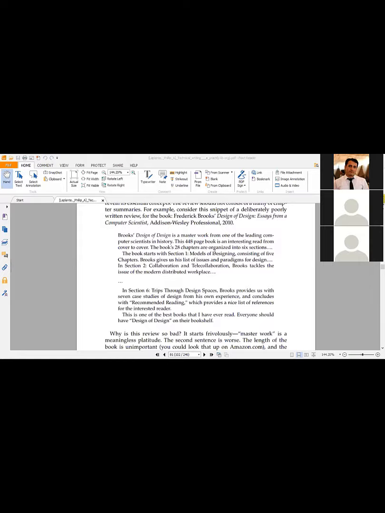The book's 48 chapters are organized into 6 sections. The book starts with section 1, Model of Designing, consisting of 5 chapters. Brooks gives his list of issues and paradigms for design. In section 2, Collaboration and Telecollaboration, Brooks tackles the issue of the modern distributed workplace.